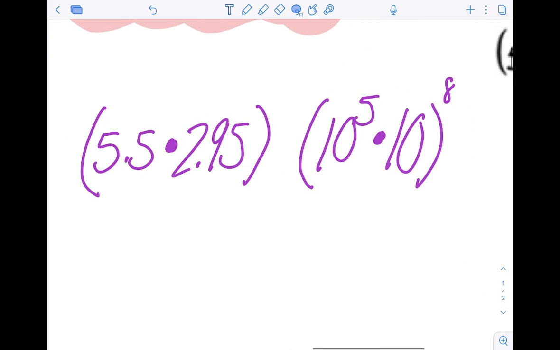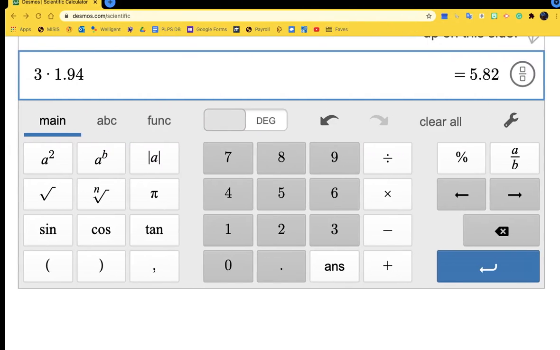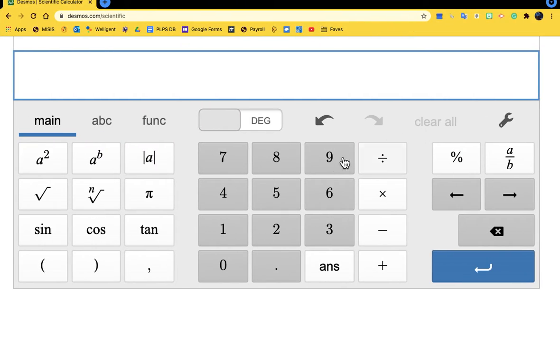So, let's use our calculator for this right here. 5.5 times 2.95. So, let me clear this. 5.5 times 2.95, and that gives me 16.225.